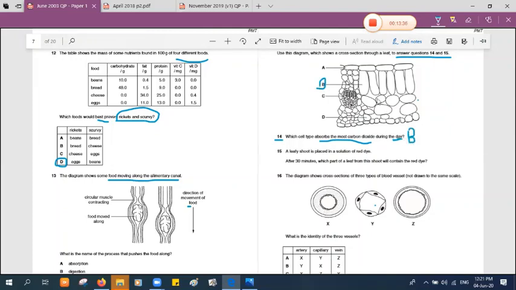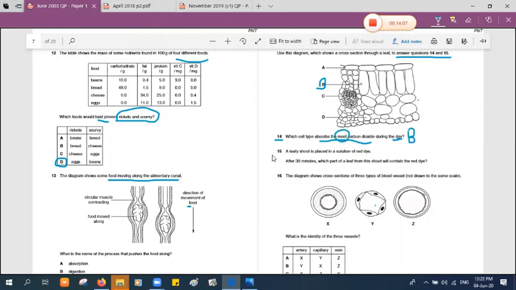The cell that will absorb the most carbon dioxide during the day is a palisade cell, the cell in which photosynthesis takes place. So that's why we chose B, because here the carbon dioxide will be used in the process of photosynthesis. Did you get it? Okay. And here, focus also on the word most.